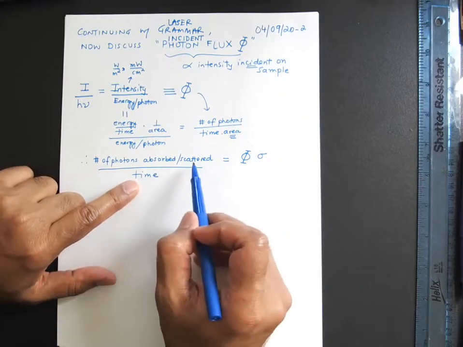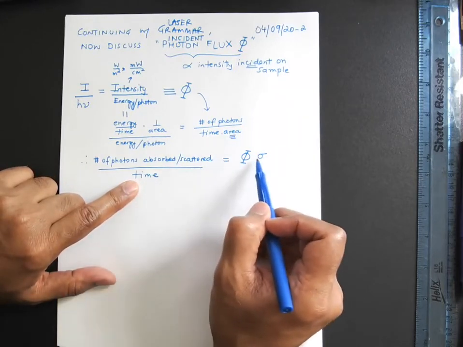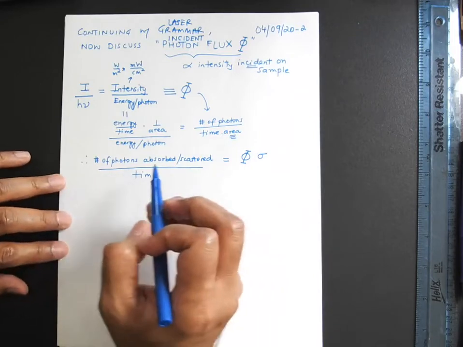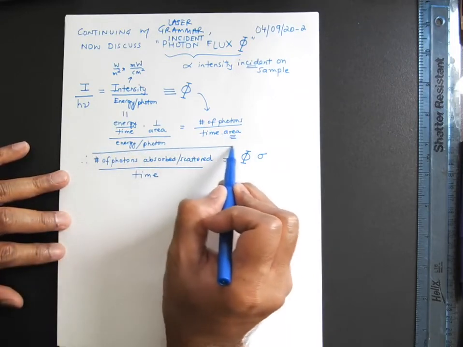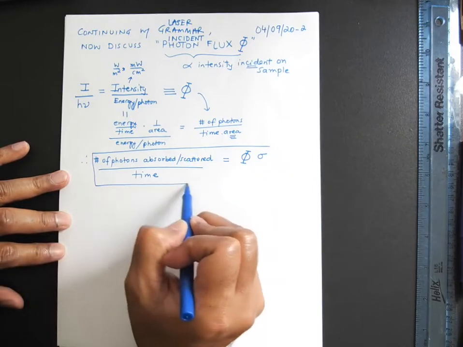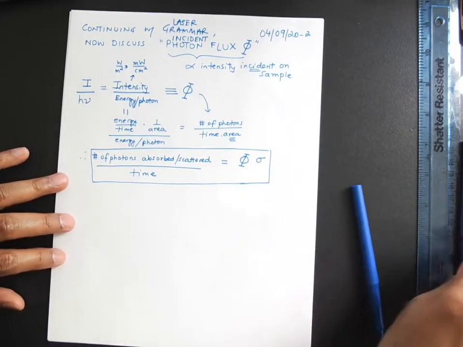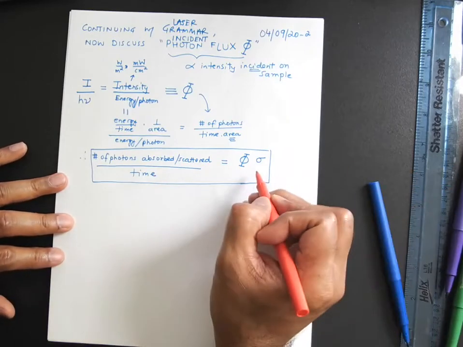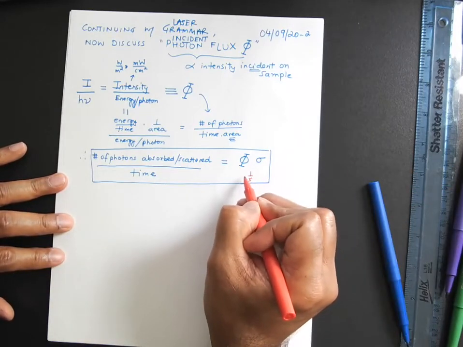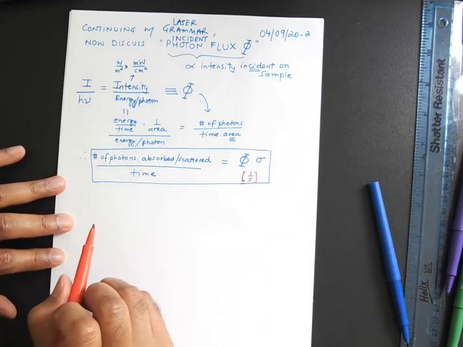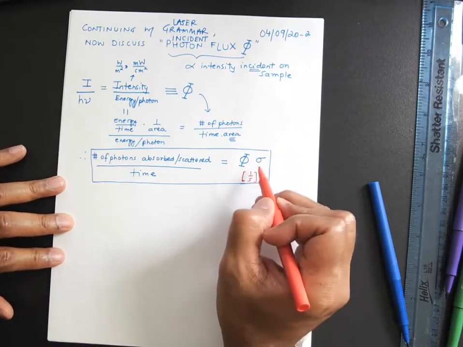The area got taken out because I multiplied it by sigma on the right hand side, and so those are my dimensions. Okay, so I got this relation, and you notice that the dimensions now on either side are 1 over time.